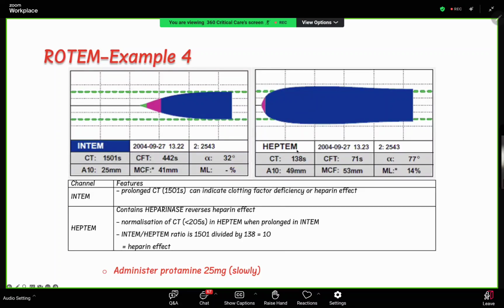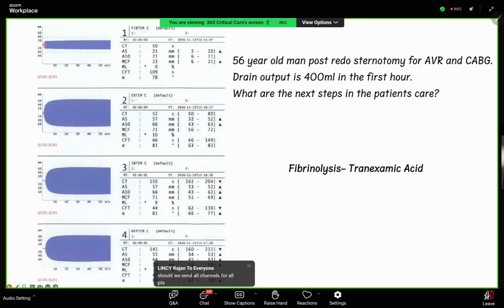So if you put heparinase, the clotting time gets normal. That means there is heparin excess. And the previous one before that is this. This looks normal except for the maximum lysis ML. So 9%, which is more than 5%. That means the patient has ongoing fibrinolysis. You give tranexamic acid. Okay.